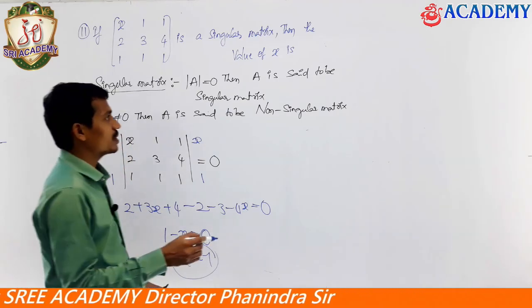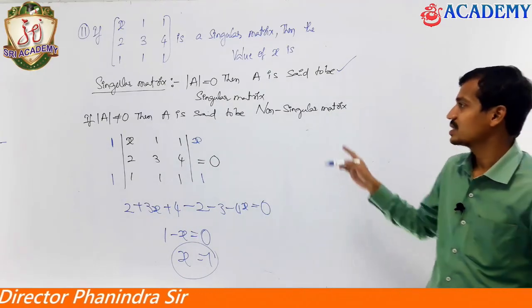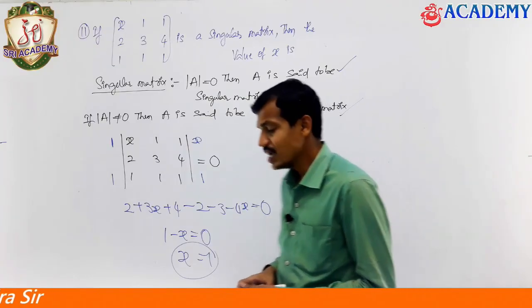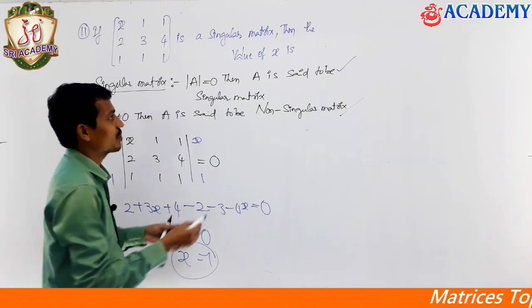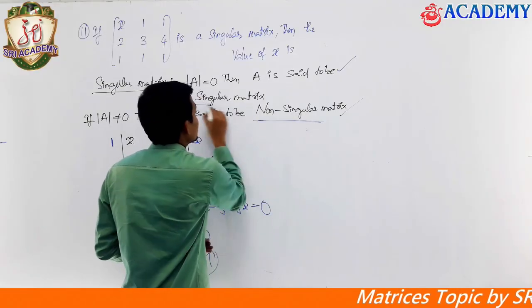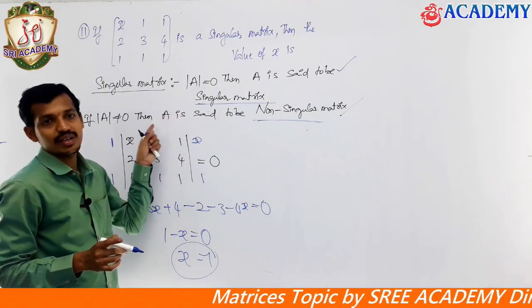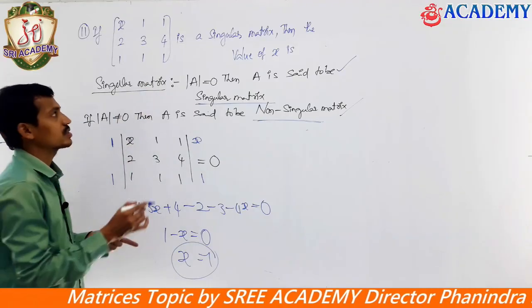Always remember, if determinant of A equal to 0, then it is said to be a singular matrix. If determinant of A not equal to 0, then it is said to be a non-singular matrix. Singular and non-singular matrices are very important. Here I treat this like a property: if determinant equal to 0, singular; if determinant not equal to 0, non-singular. This type of problem is asked many times.